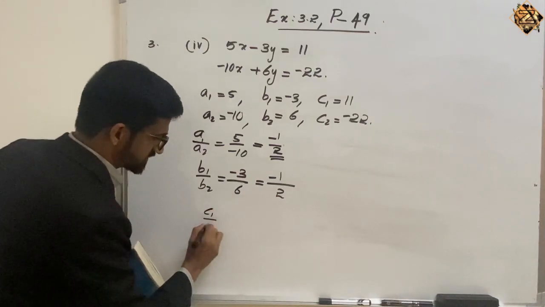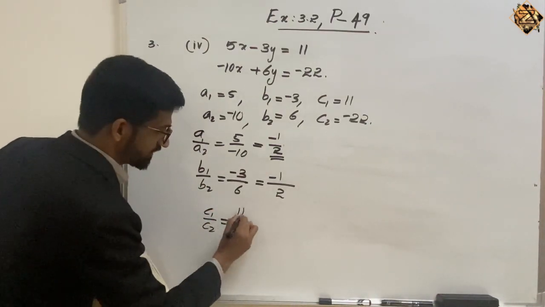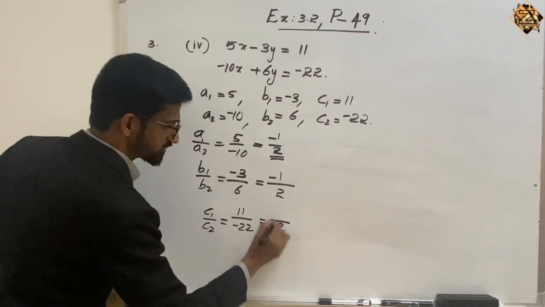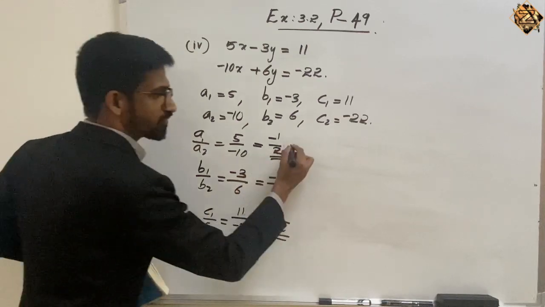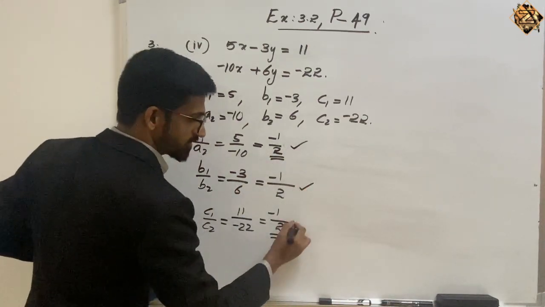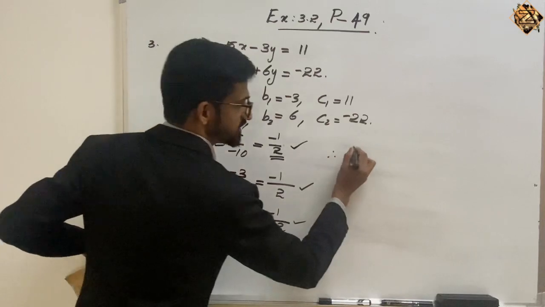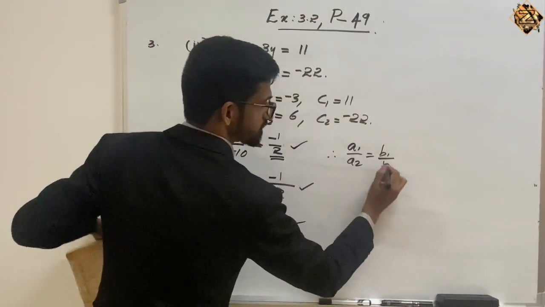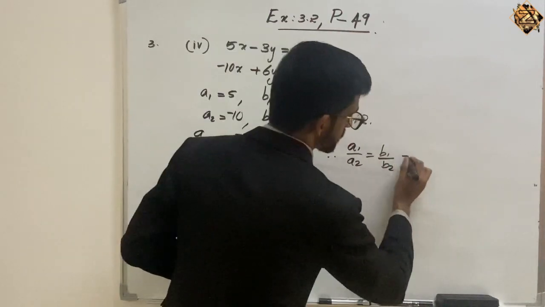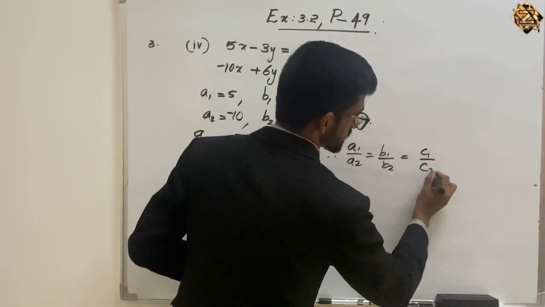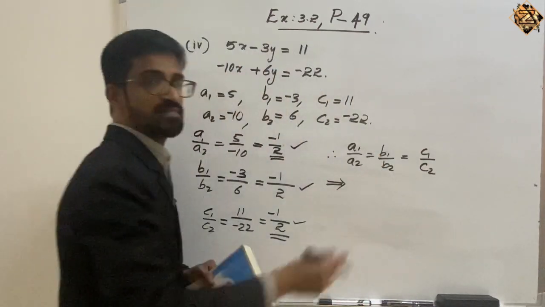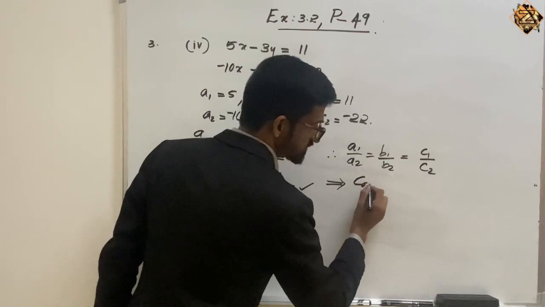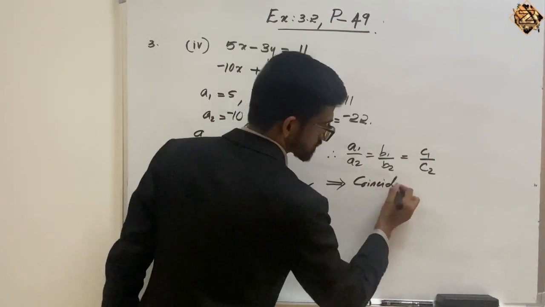And finally c1 by c2 is 11 by minus 22, that is minus 1 by 2. So we got a1 by a2 equal to b1 by b2 equal to c1 by c2, which implies that the given pair of linear equations is coincident.